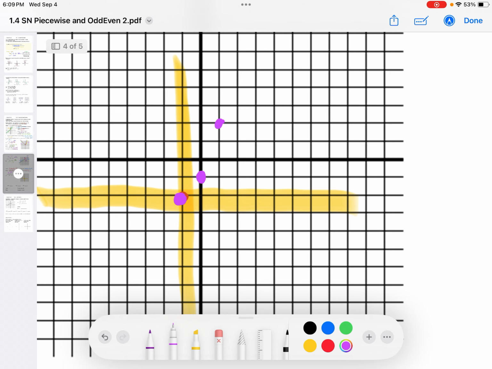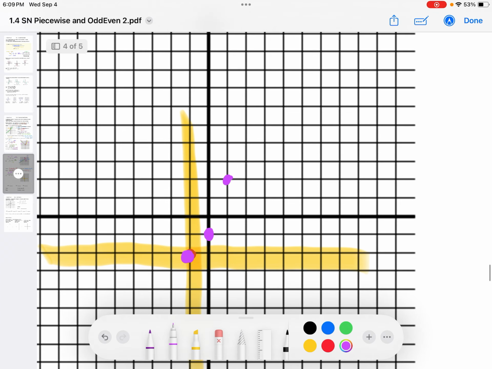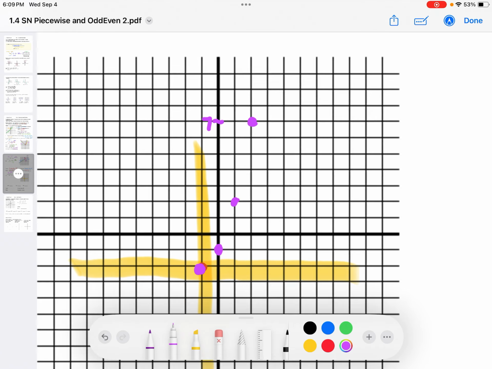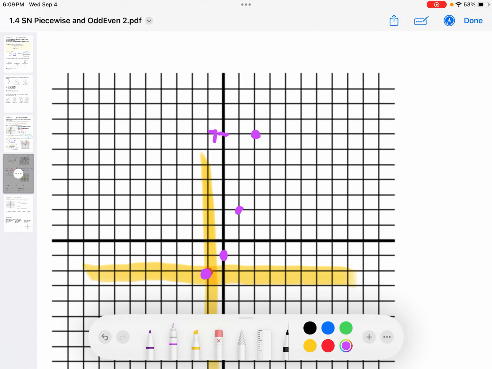If we go across 3, we go up 9. 1, 2, 3, 4, 5, 6, 7, 8, 9. And this y value is 7. That's the y value on the axis. It's up 9 from the vertex. If we went across 4, we would need to go up 16. 16 won't fit on the graph, so we can stop there.